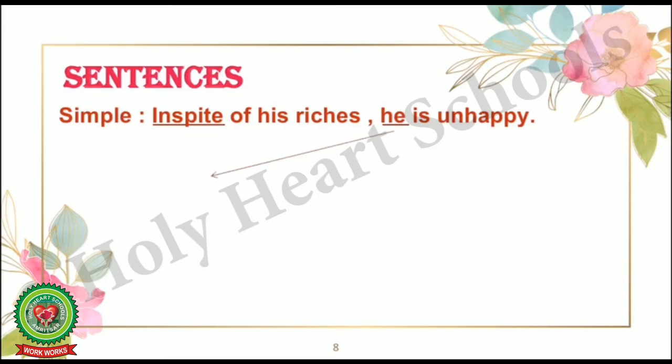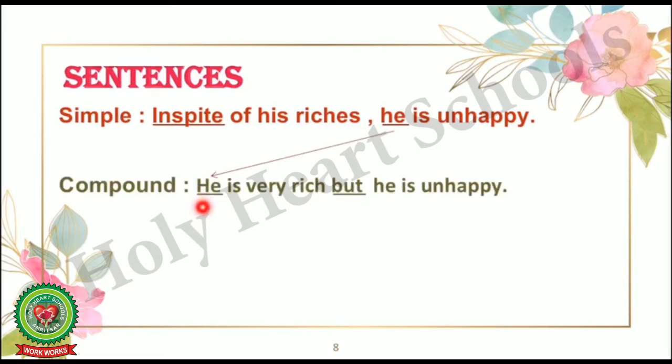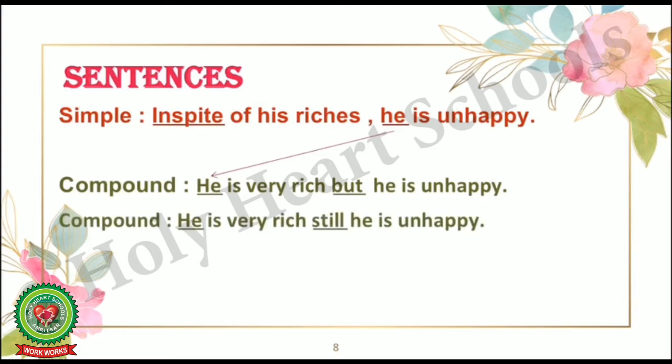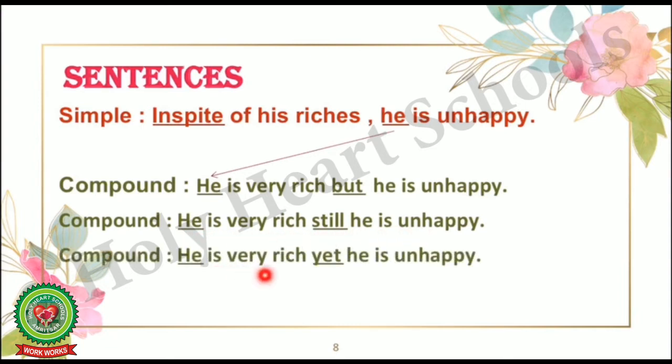So your answer will be like: he is very rich, but he is unhappy. You can also use still and yet. Like, see, he is very rich, still he is unhappy. He is very rich, yet he is unhappy. So in these ways, students, you can change the simple sentence into compound sentence wherever you find the contrasting situations.